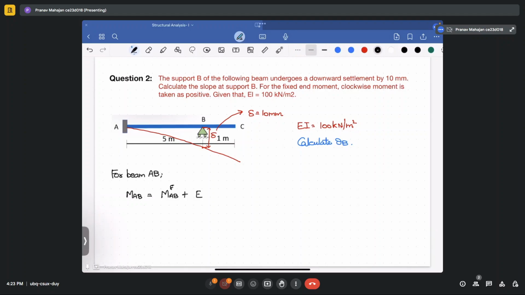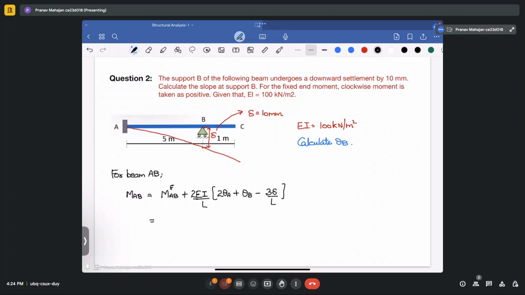So MAB equals fixed end moment plus EI upon L, twice of theta A plus theta B, and since some deflection is also there, that will be minus 3 delta by L. So what will be your final equation?